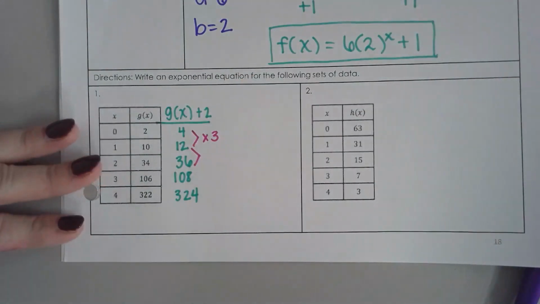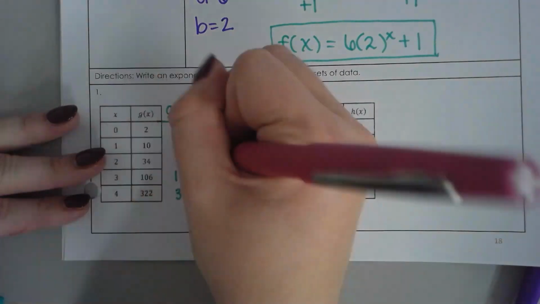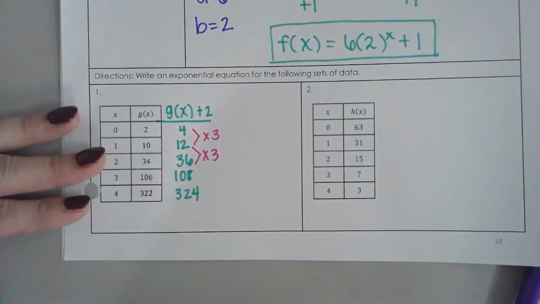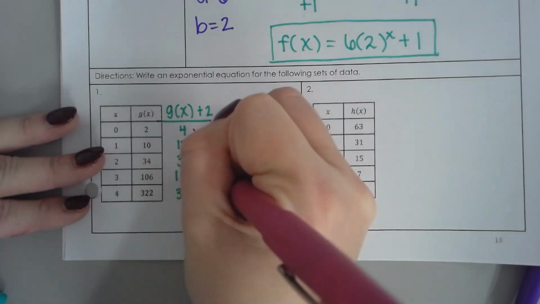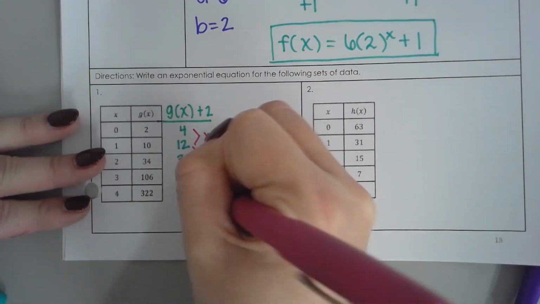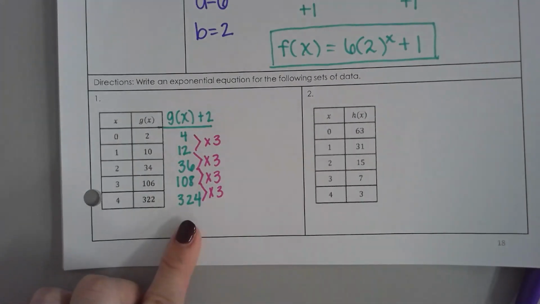What's 12 times 3? 36. What's 36 times 3? 108 times 3 is 324. So by adding 2 to all of those y values, I got a common ratio.